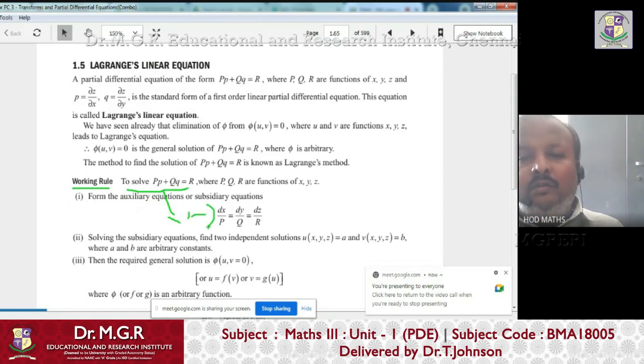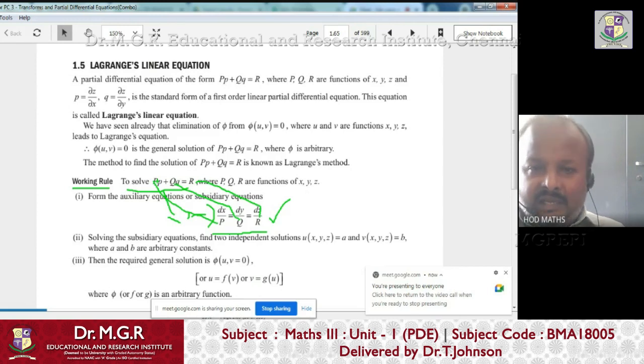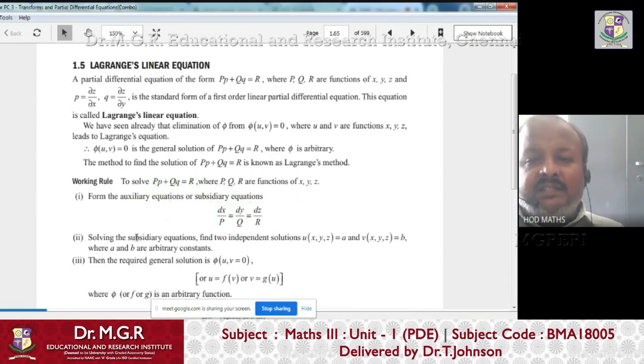How these equations come, there is a derivation, but you don't need that now. Remember, dx by P, dy by Q and dz by R. Since the given PDE is Lagrange's linear equation, you write the auxiliary equations of the given PDE.